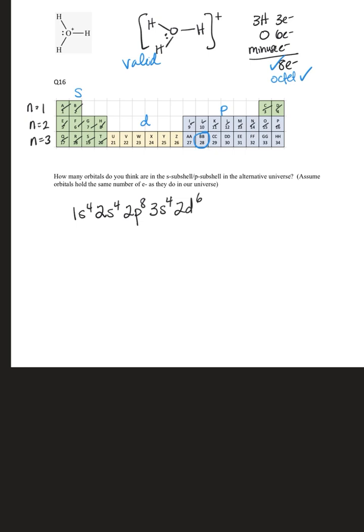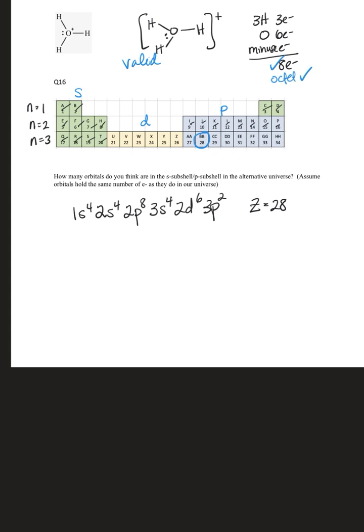So 2d6. And then we would move into the 3p, and in this case, we just need 2p electrons. So that would be what I would get if my atomic number was 28, which was not exam A or B, but you can see how it got done.